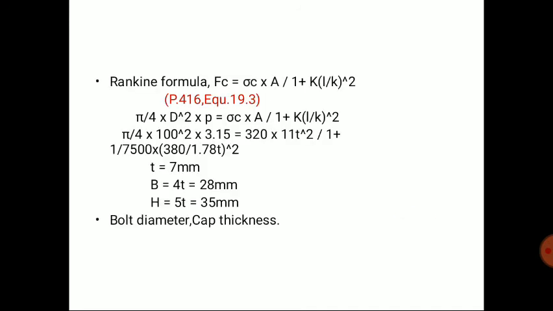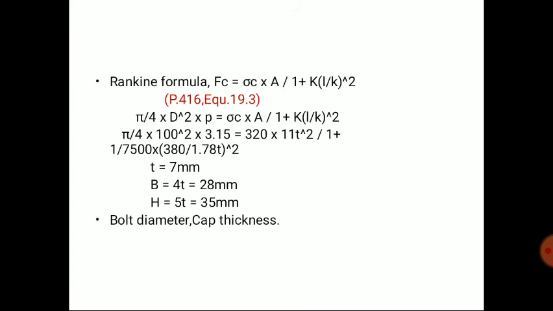Next we are substituting these terms in the Rankine formula: F is equal to sigma c into A by 1 plus a into L by k square. Instead of F, we substitute pi by 4 D square into P, where P means pressure. D is already given in the question as 100, P is 3.15, sigma c is given as 320, the area is 11 t square, the constant is given, L we know, and the radius of gyration we got.